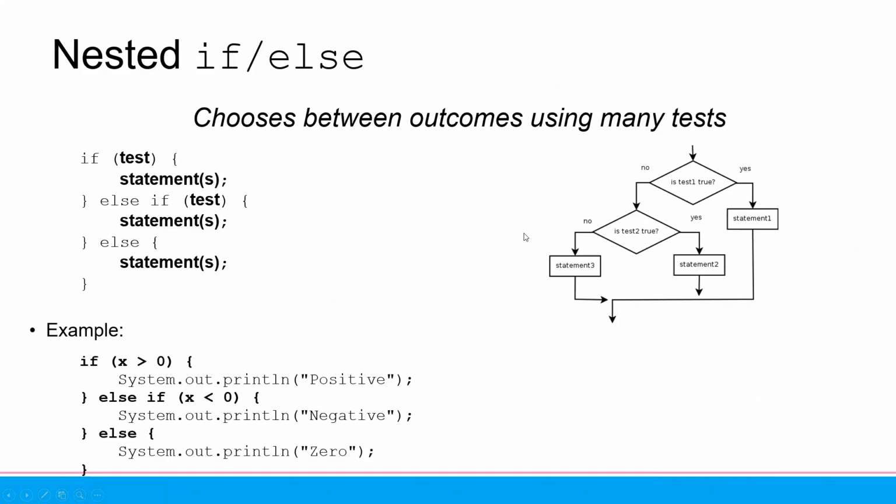We need to understand what we call a nested if. So the nested if: whenever the condition is not true, there might be another condition. For example, if the condition is true, you will do the statement. But if the condition is not true, you will check with another condition.